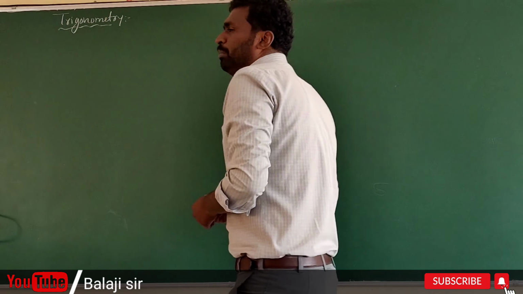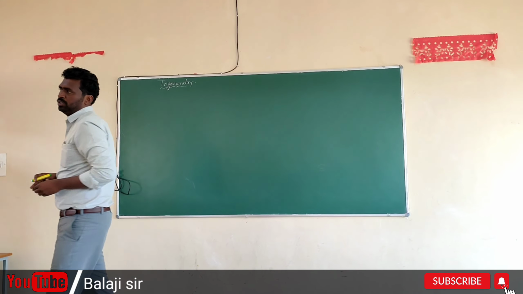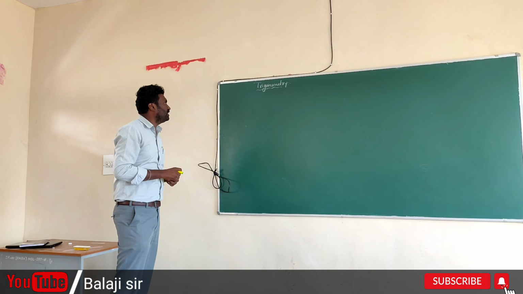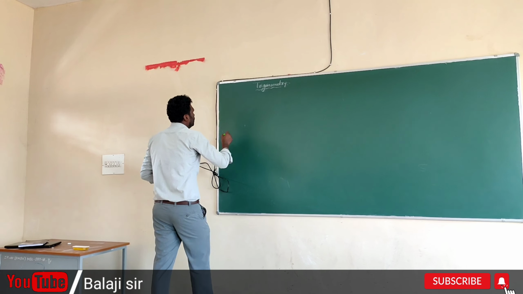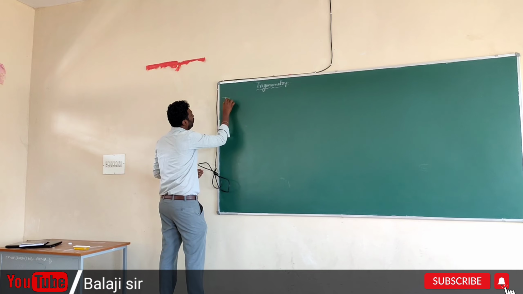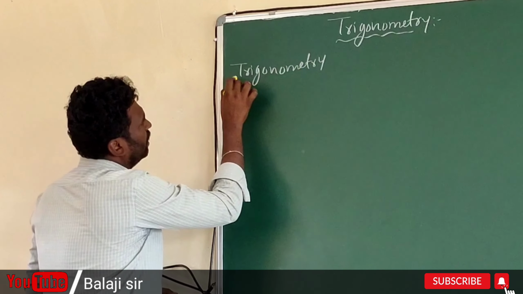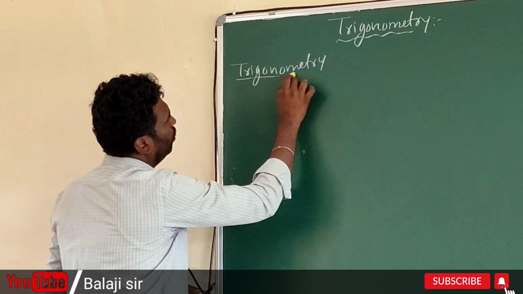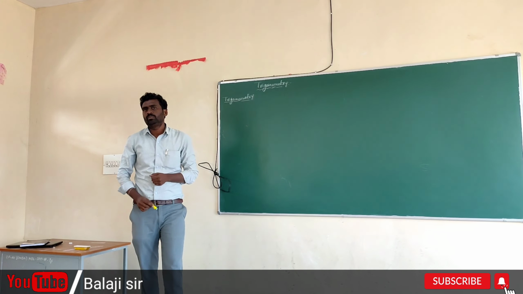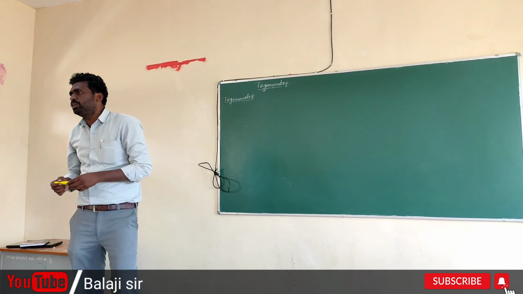Okay, trigonometry. What actually are we going to learn in this unit? Before that, let us see the meaning of trigonometry. Trigonometry is made up of 3 words. Tri, as everyone knows, means 3.